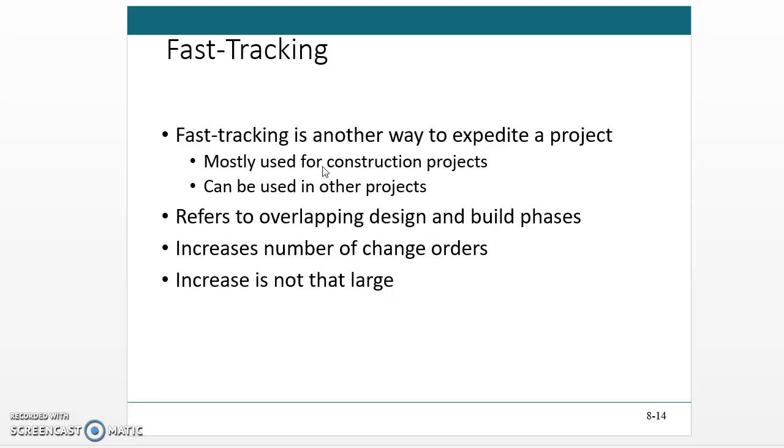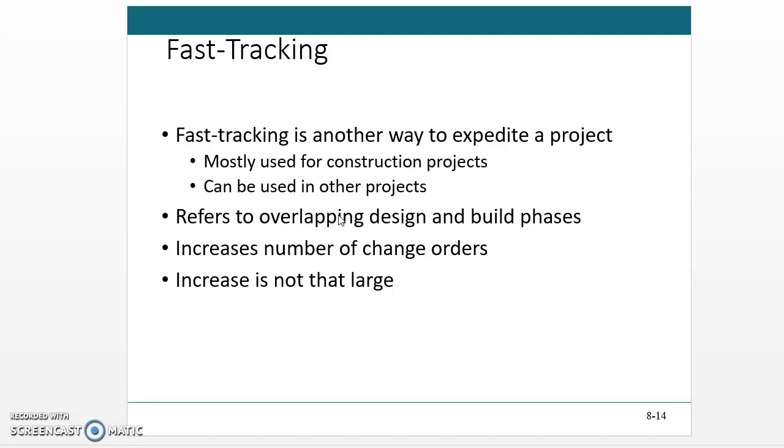This type of approach is popular on construction projects these days, and of course it can also be used in other projects.